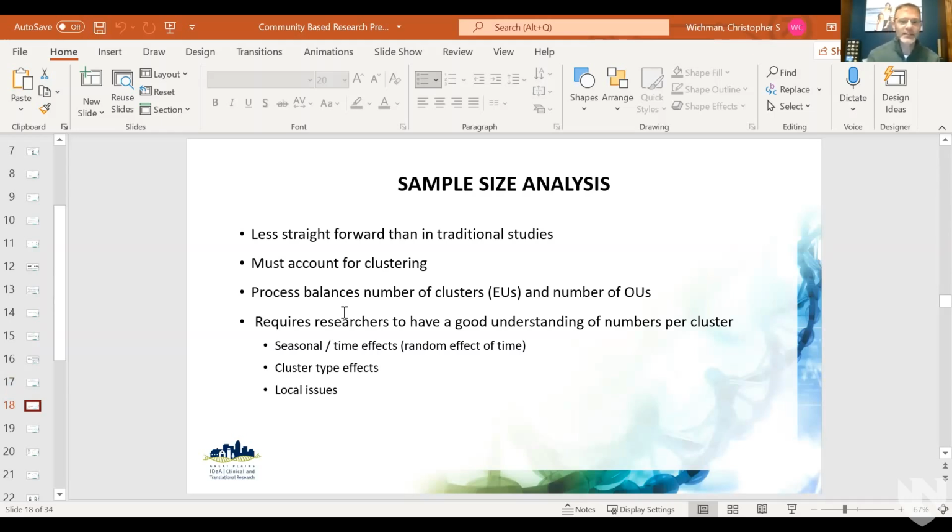Now we have to add in balancing how many true cluster, experimental, or study units I have, where I can actually apply a condition independently, versus the number of observational units, versus the number of clients, subjects, or people housed within each experimental unit. This brings an additional burden on the researcher, who really needs to reach out to the organizations they're working with, because the organizations themselves will know more about what we need than the individual researcher will.